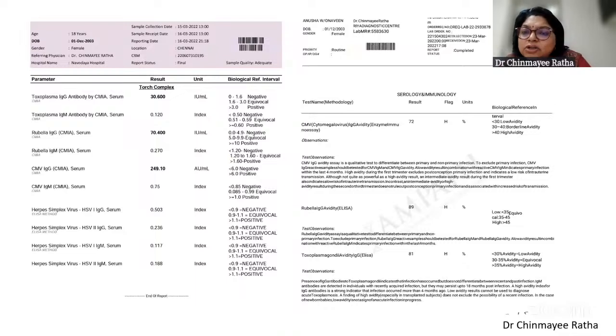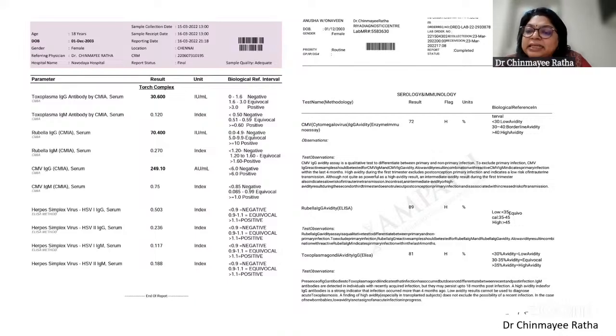So this is how the TORCH report looks, and many doctors just get intimidated looking at that report, seeing so many entries there, some of them highlighted, some of them not highlighted. Yesterday also I got a call from somebody that the IgM is very high, madam, should we do something? Maybe it is something, but it's a simple thought process. Once the IgM is negative and the IgG is positive, that means whatever initial activity had to be done has already been done.